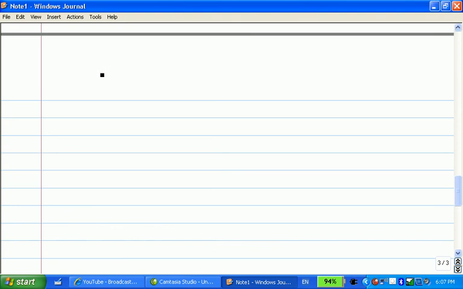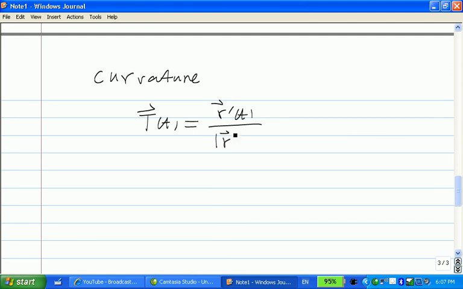Okay, next let's look at the curvature. How do we define the curvature for a curve? Remember we have vector T. Vector T has been defined as r prime t divided by its magnitude.